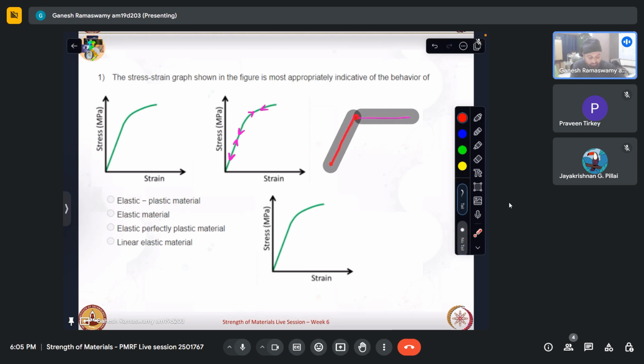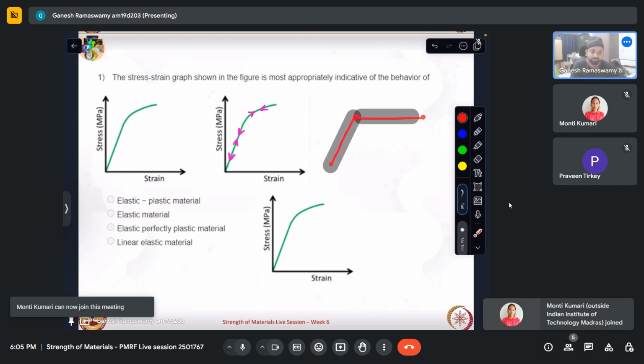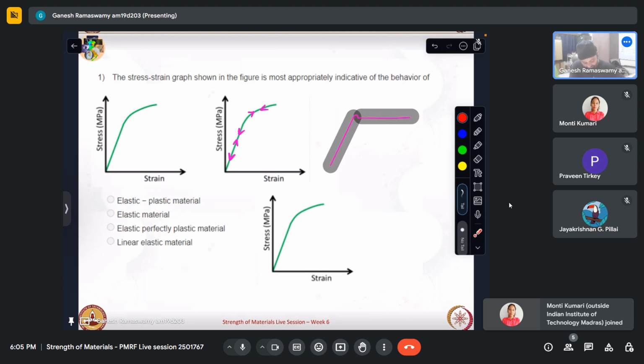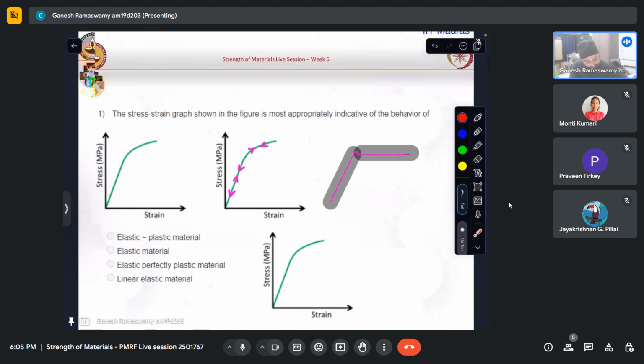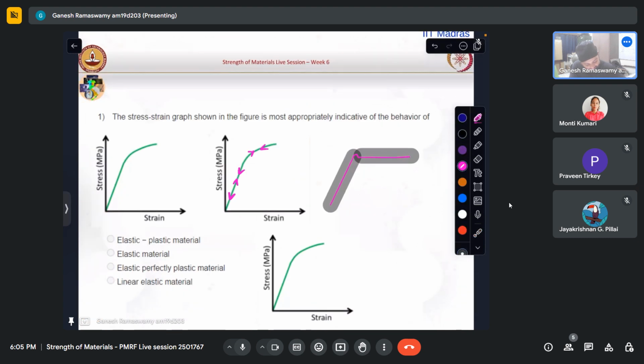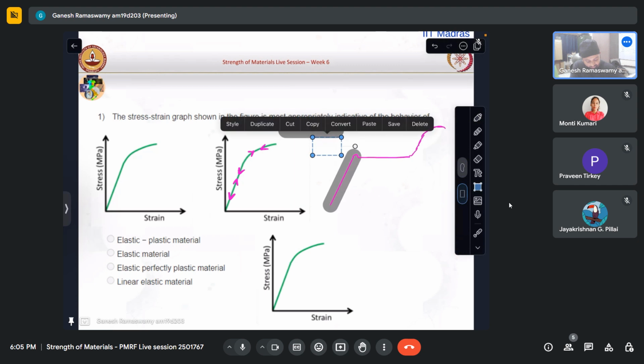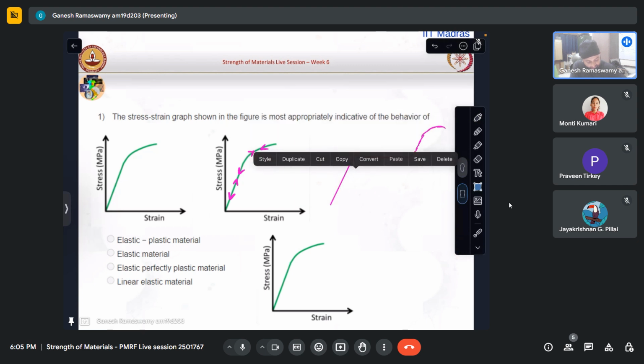As soon as it reaches its yield, then there is absolutely no need for increase of load for increase of strain. So this happens to be a perfectly plastic idealization of the problem. On the other hand, we know that the same curve, as we saw earlier, actually has a path like that. When we load mild steel to the hilt, it will follow a path like that.